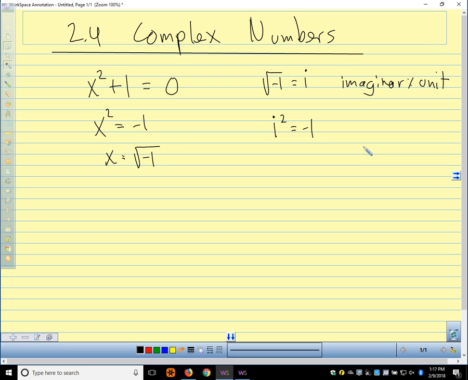A little historical side note: the square root of -1 did not come initially, at least formally, from trying to solve this equation.